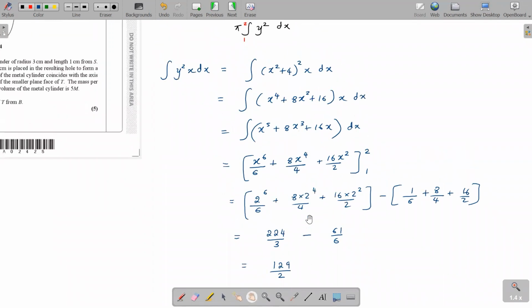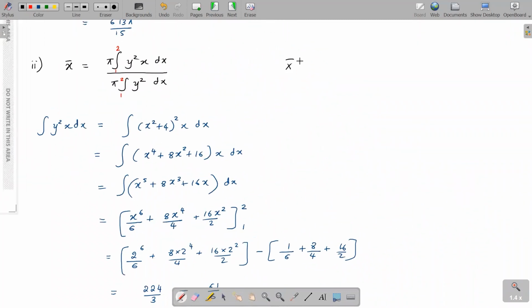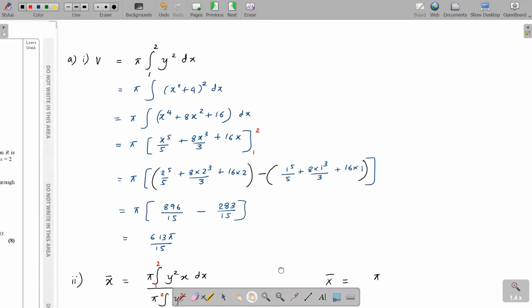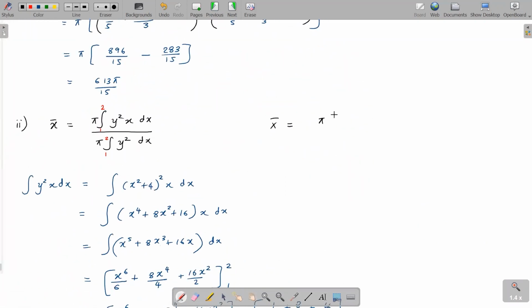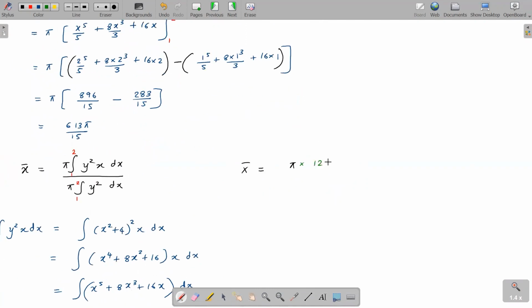Now we have to get the x bar. To get the x bar, you substitute this value. The x bar coordinate is pi y square x over pi y square. The pi actually cancels out, but the reason I'm using the pi here is because we have got pi y square in part A. The pi y square x answer we found was 129 over 2 on the numerator, divided by the pi y square answer we got in part A, 613 pi over 15.